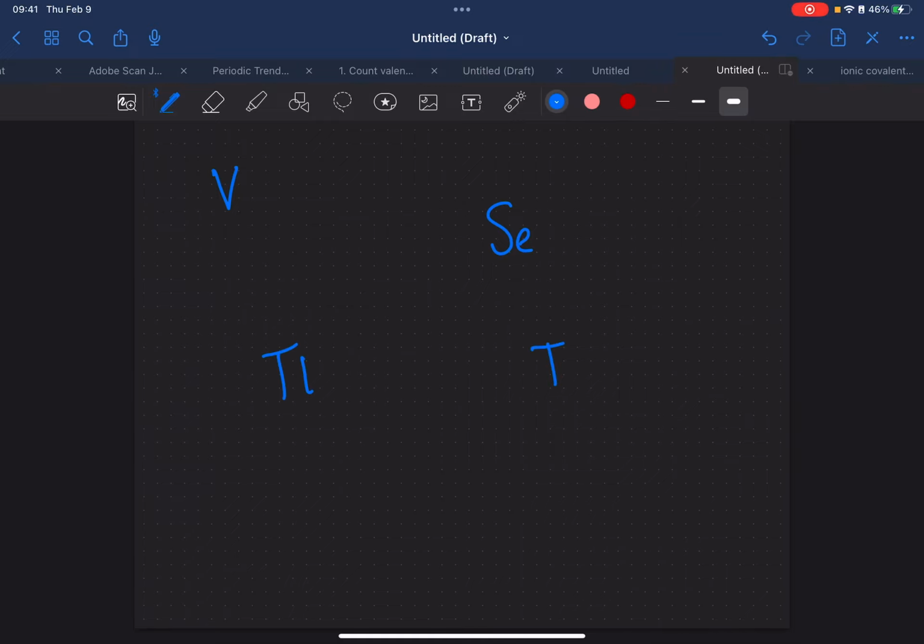But the more practice you have with seeing where everything is, the easier and more fluent you'll be able to use your periodic table in the future. So when you see an element name or an element symbol, it should be a fairly quick process to give the symbol or the name.